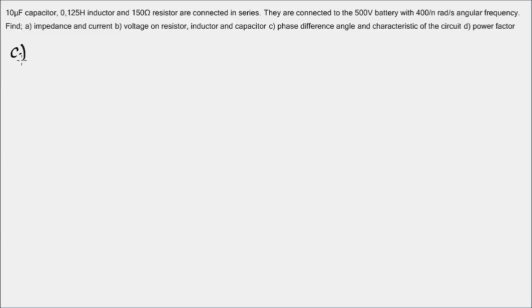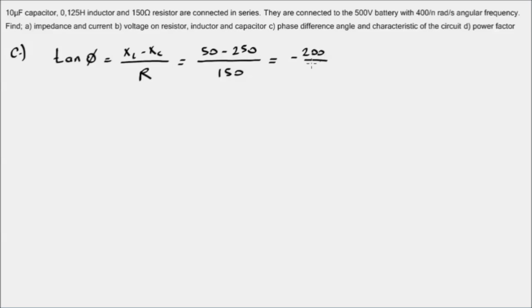And C says calculate the phase difference angle and characteristic of the circuit. To calculate the phase difference angle, we always have to use tangent phi. Tangent phi equals (XL minus XC) over R. XL 50 minus XC 250 over R, and R is 150. So the result is minus 200 over 150, which means minus 4 over 3.